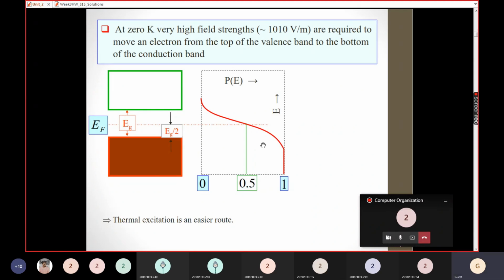You can see it in the right hand side graph. I have taken the minimum value as 0 and the maximum value as 1. In between, the Fermi level concentration is always equal to 0.5 electron volts. So this is your second constraint that you need to remember.